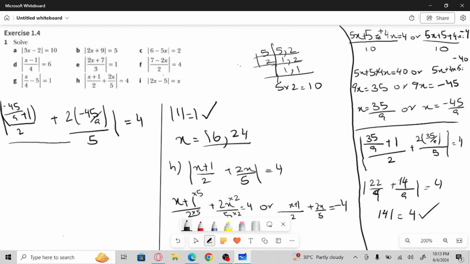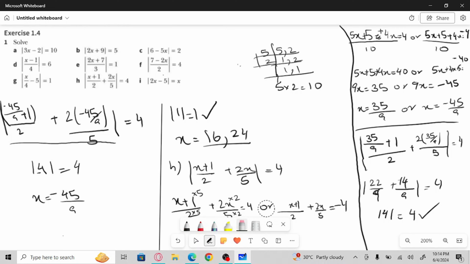So if we just solve this whole equation in the calculator, we will get 4. Just input this into the calculator. The modulus of 4 x is actually negative 4. So the modulus of negative 4 is equal to 4, which is the correct output. Thus x is equal to negative 45 upon 9 and x is equal to 35 upon 9. That's for part H.